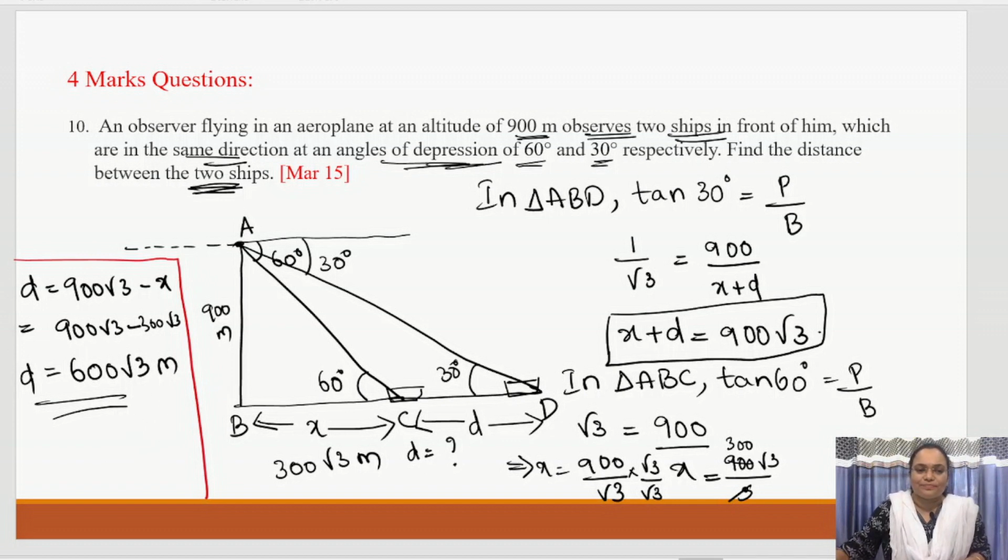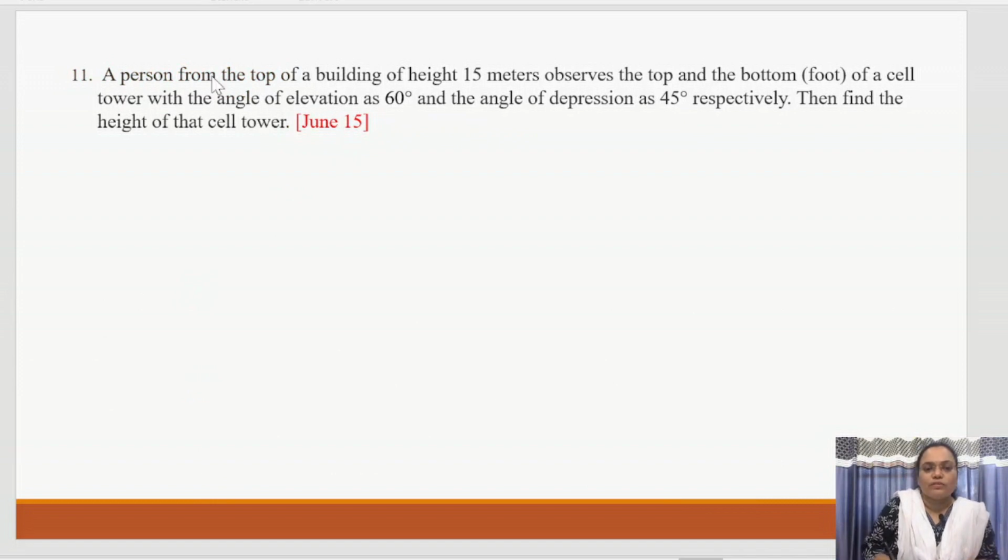Okay, so let us see the next question. A person from the top of a building of height 15 meters. So this is a building of height 15 meters. The person, from the top of the building, observes the top of the other building, which is the cell tower.